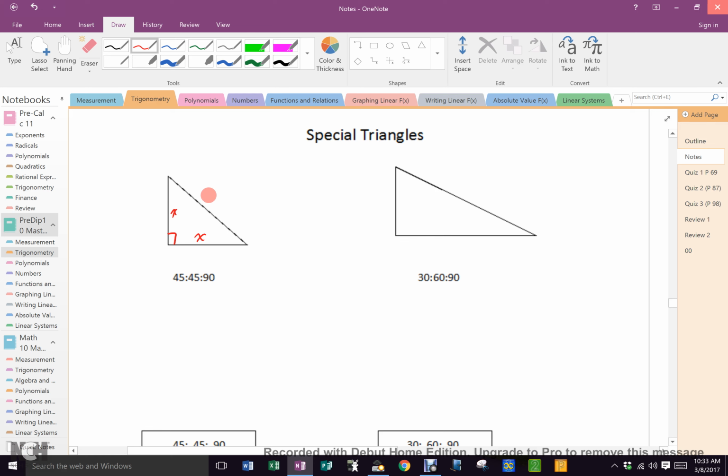It's a hypotenuse. How do we find the hypotenuse? It's the square root of x squared plus x squared, yes? How many x squareds are that? 2. So it's a square root.